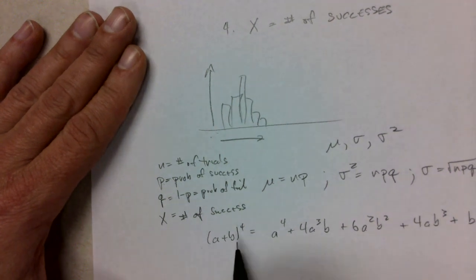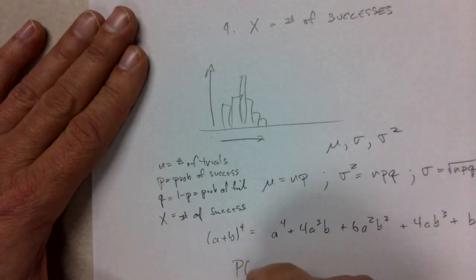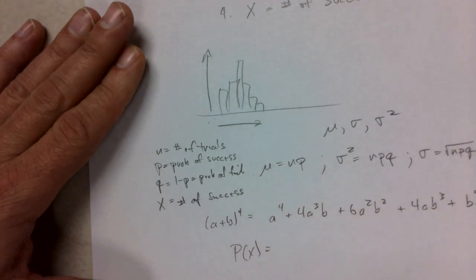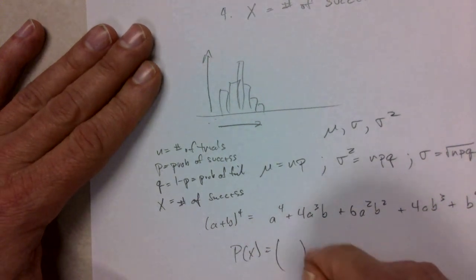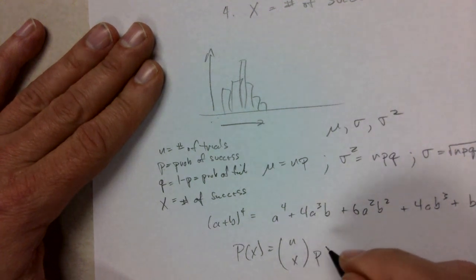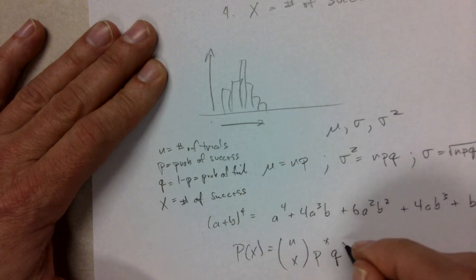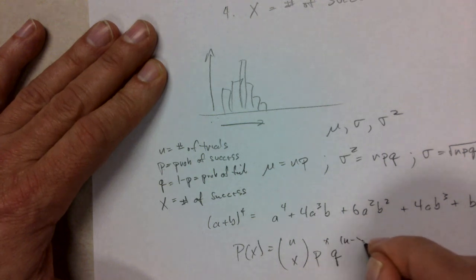Okay, and this is determined by the number of trials, right? Well, it turns out that equation fits perfectly with the probability, and the probability is written like this: n choose x, p to the x, q to the n minus x, right?